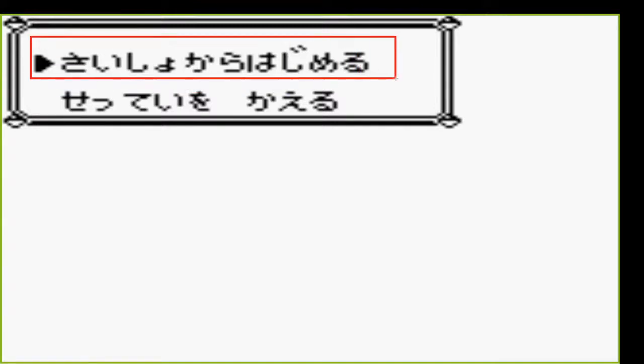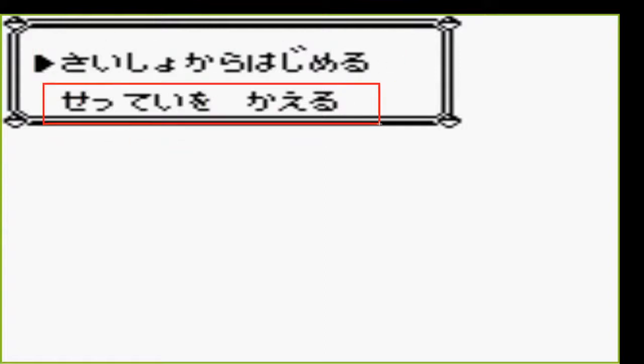Send your answer in the YouTube chat. Saisho kara hajimeru. 最初から始める. Saisho means in the beginning, okay? Then kara means from. So it means from the beginning we will start. It's like saying here a new game, okay? 最初から始める.